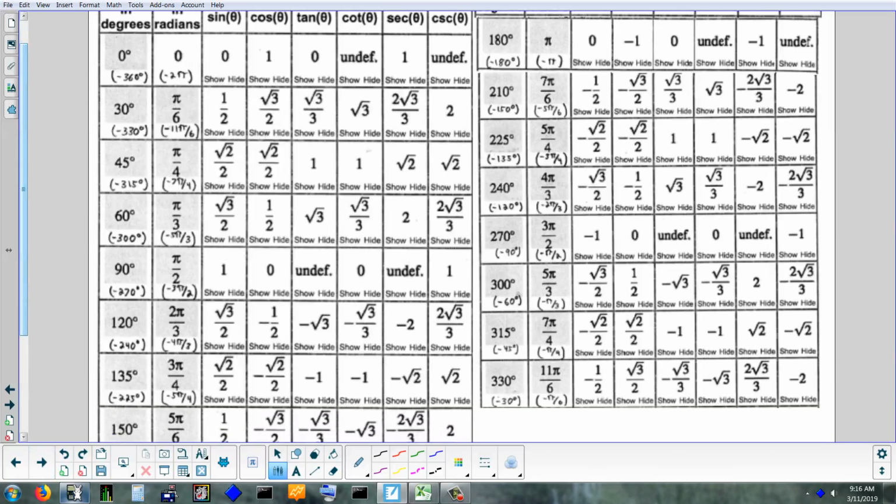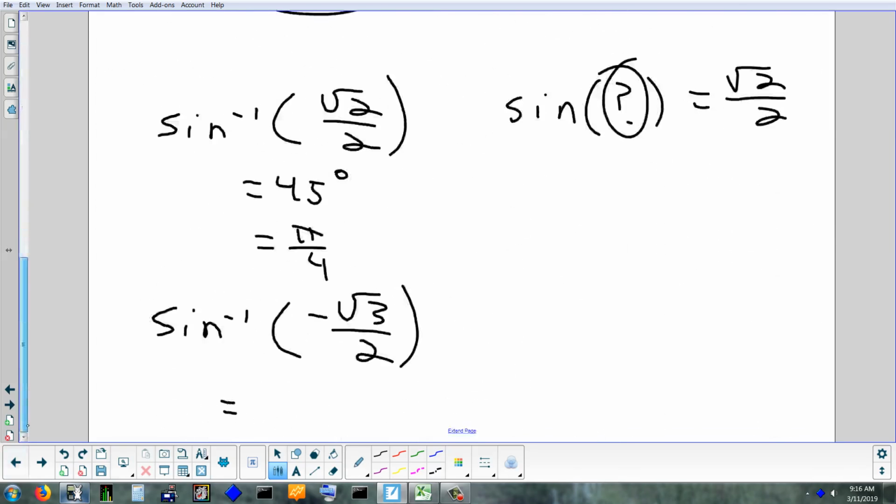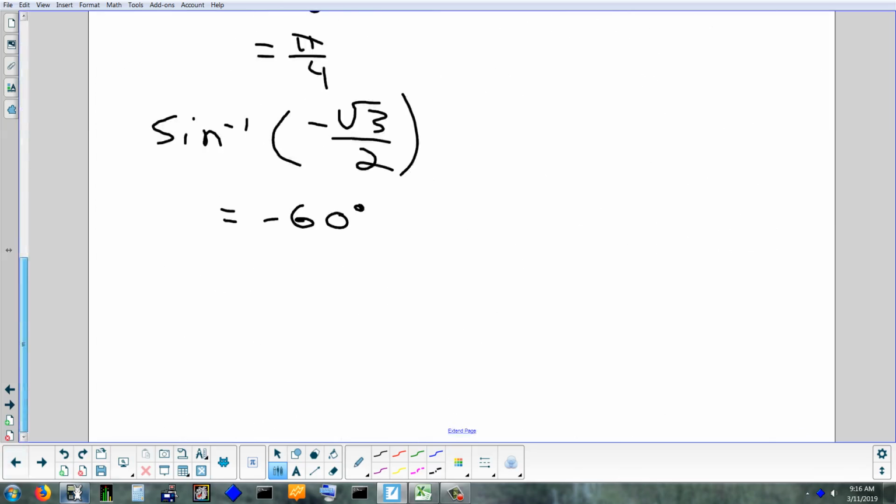Devin, do you see where negative root 3 over 2 comes up in the sine column? 240 degrees. Okay, I see it at 240. Anywhere else? 300, yep.